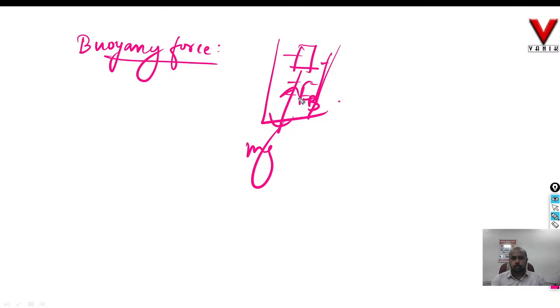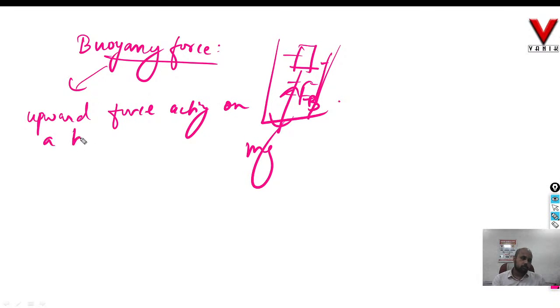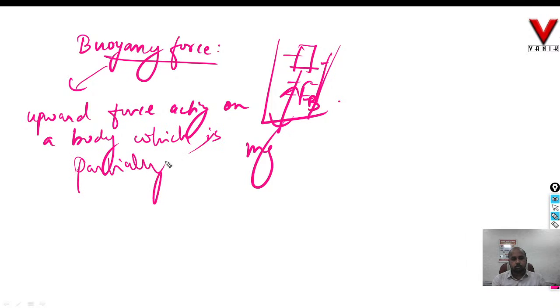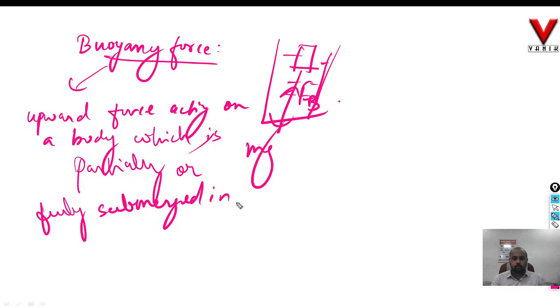So this is an upward force acting on a body which is partially or fully submerged in a fluid.